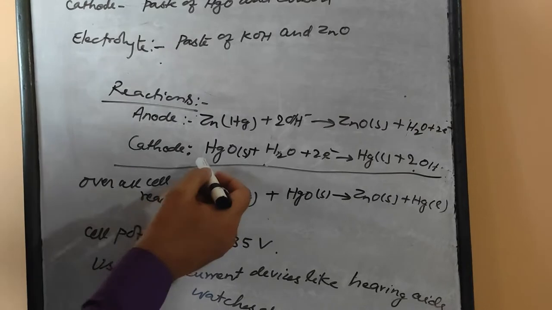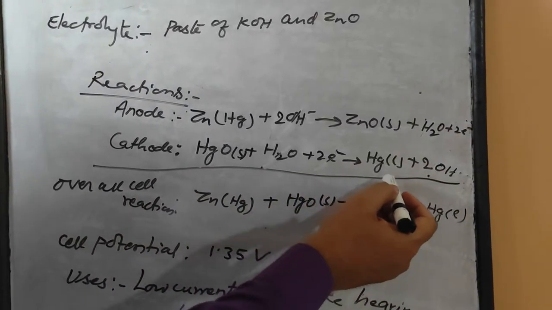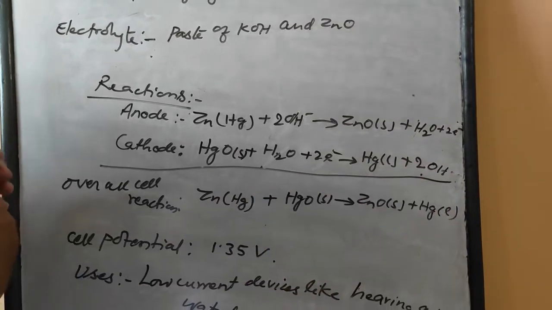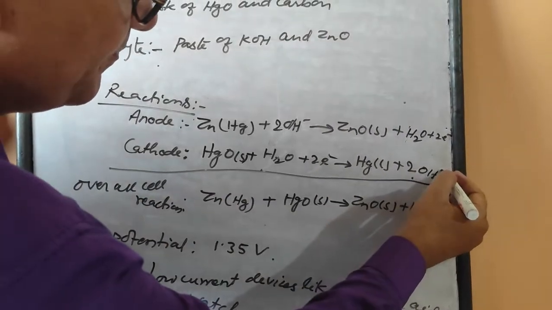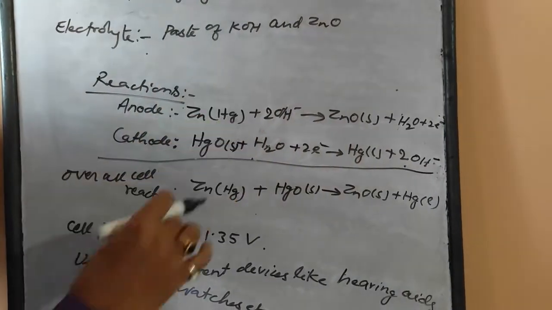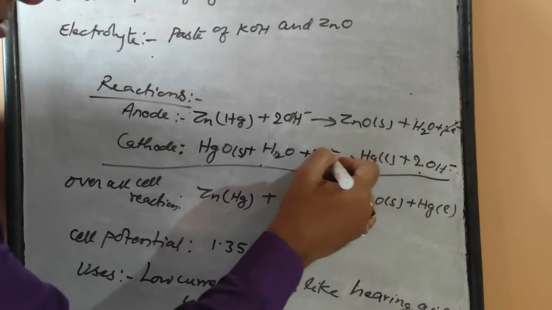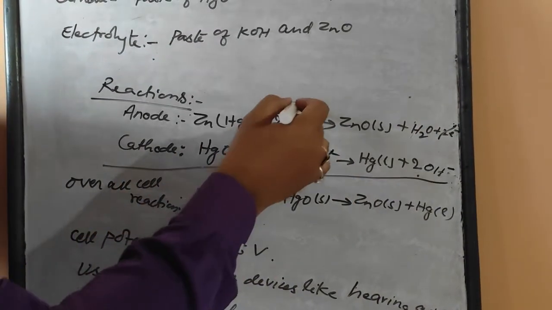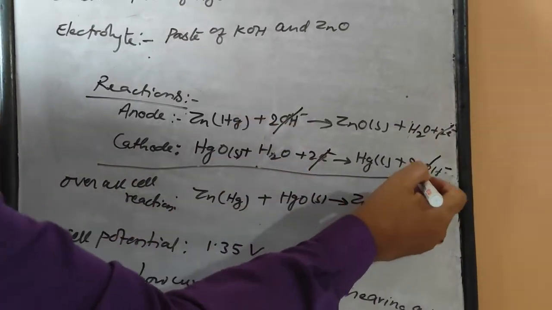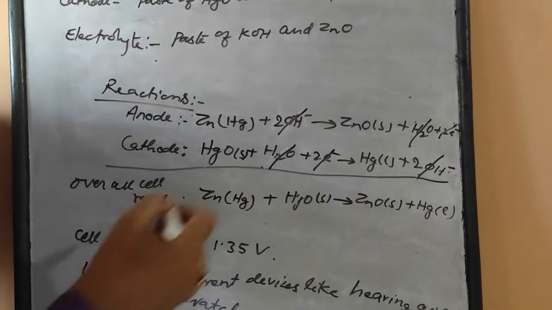Now the cathode: HgO solid plus H2O plus 2 electrons gives Hg liquid plus 2OH-. Now this is the overall cell reaction. Please add the anode reaction and cathode reaction. What do we get? The 2 electrons cancel out, the 2OH- cancel out, and H2O cancels out.